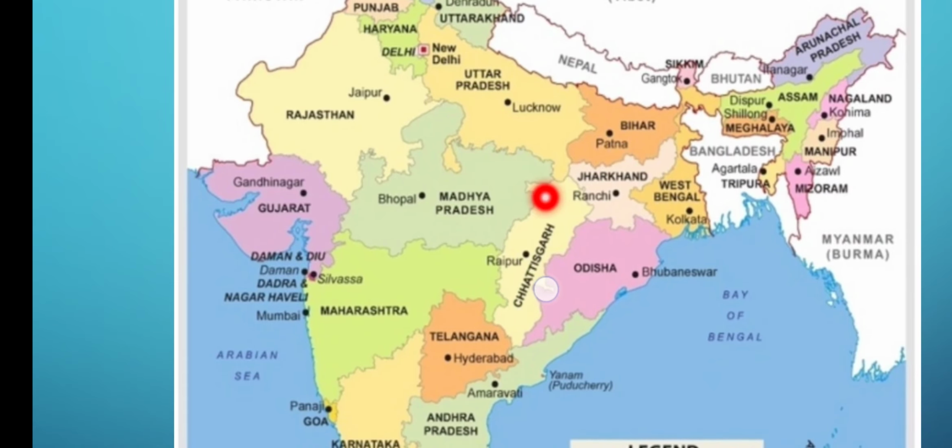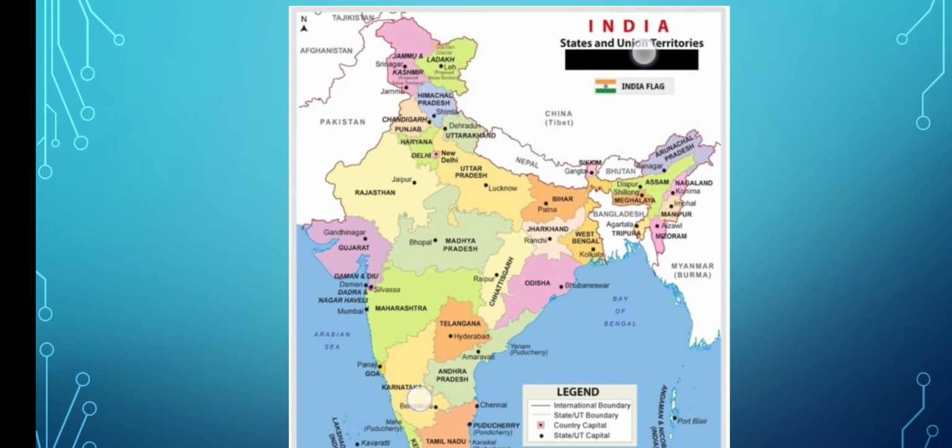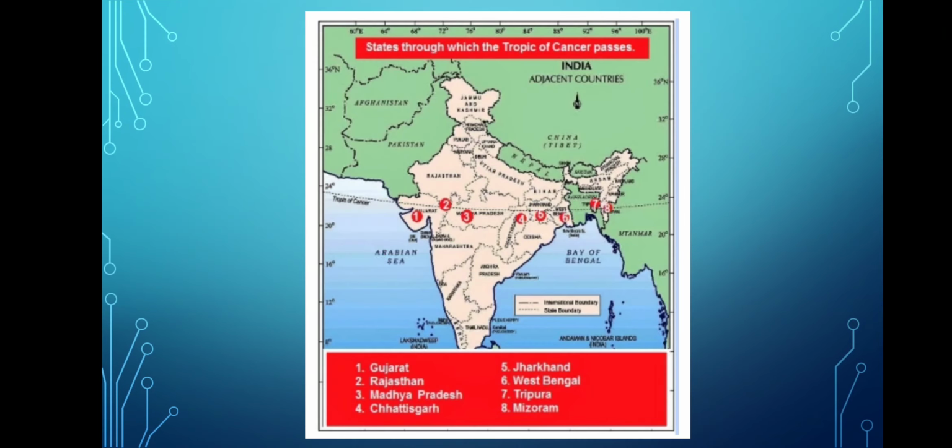Or Chhattisgarh also, it is not sharing any international border or lying on the coast. Jharkhand also, this answer can be. Telangana also. The rest of the states you can see are either sharing an international border or lying on the coast. But these four states, Madhya Pradesh, Jharkhand, Chhattisgarh, Telangana, are in the central or middle part of our country, not sharing any international border or any coastline. So these are the types of questions that you should practice from here.